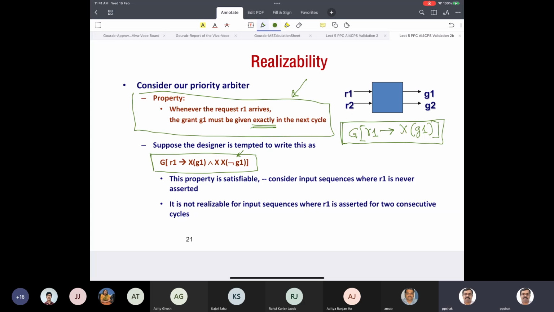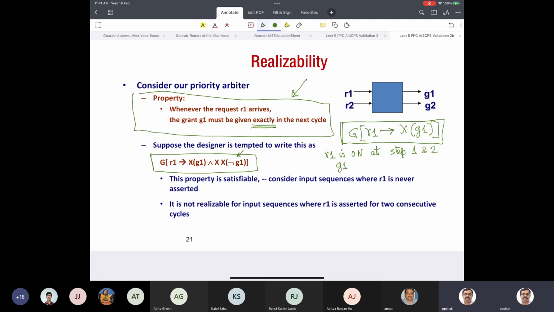Can anybody tell me? Sir, R1 may still be on in the next step. Correct. That means R1 is on in step 1 as well as in step 2. Then the formula will require G1.